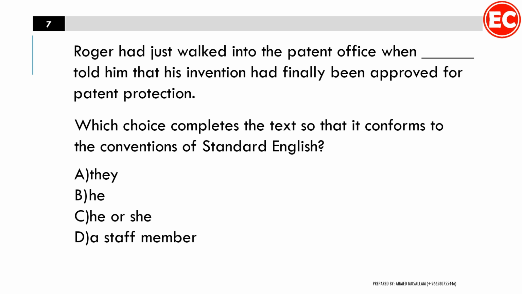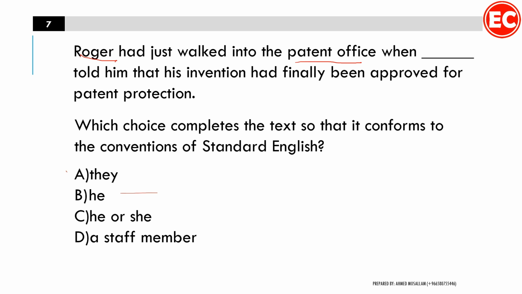Okay. Number 7. Roger had just walked into the patent office. We need pronouns here: we have Roger, we have the patent office. When they, or he, or she, or a staff member told him that his invention had finally been approved for patent protection. Who has told him? The office itself?